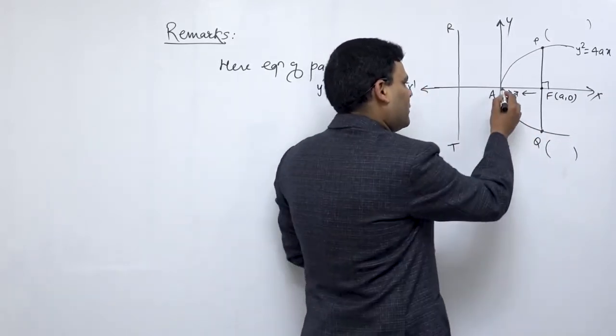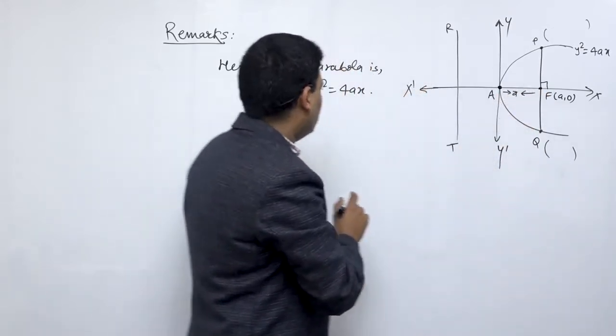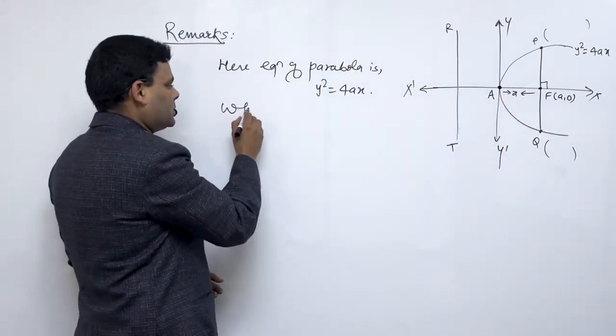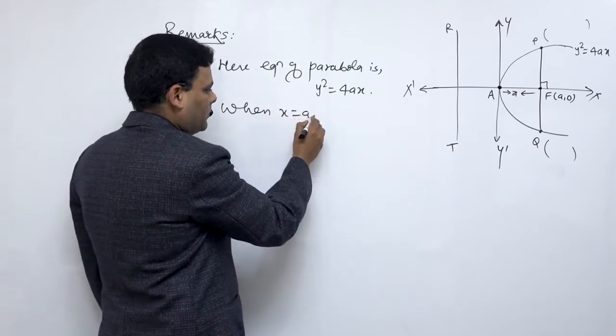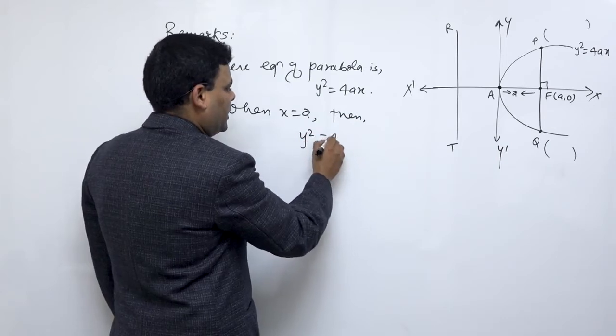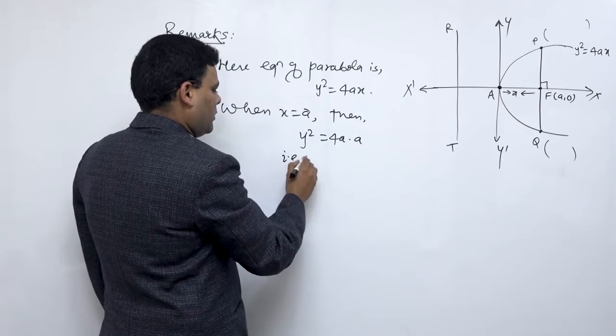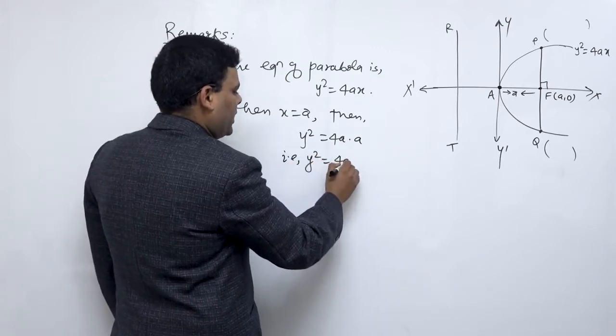For this, the distance from the vertex to the focus, we have x equals to a. So when x equals to a, then y square equals to 4a into a, that is y square equals to 4a square.